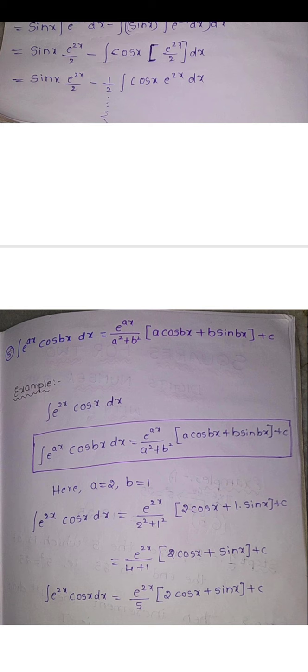E power 2x by 2 square plus 1 square into 2 cos x plus 1 into sin x plus c. 2 square means 4, 1 square means 1. E power 2x by 4 plus 1 into 2 cos x plus sin x plus c. E power 2x by 5 into 2 cos x plus sin x plus c. This is the format to do any problem.